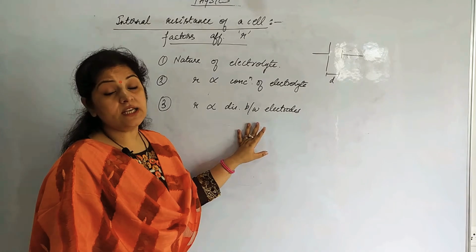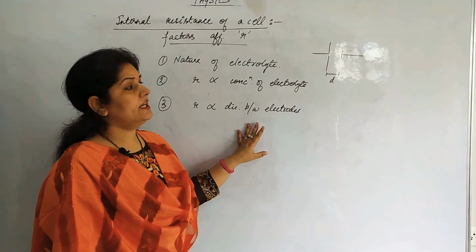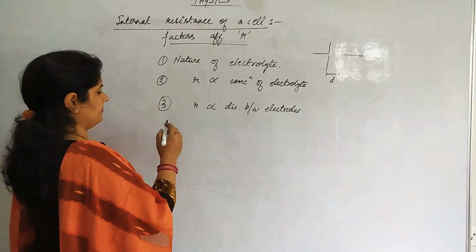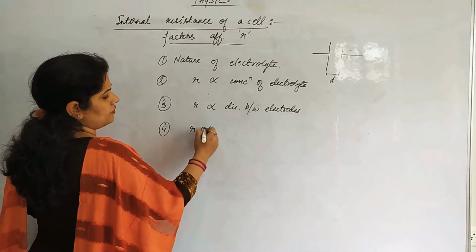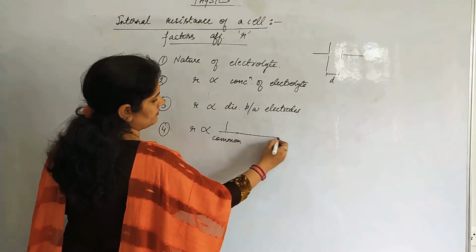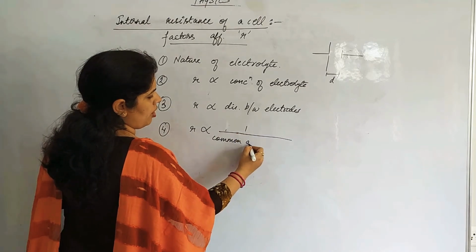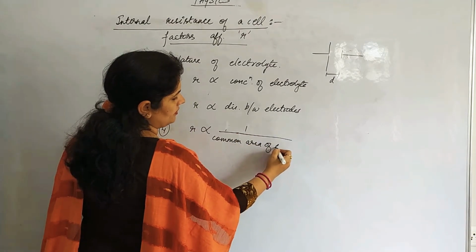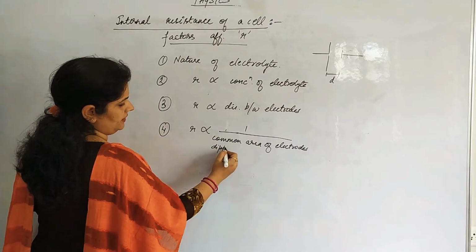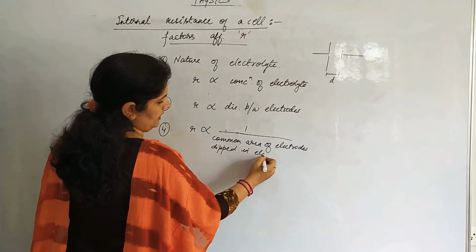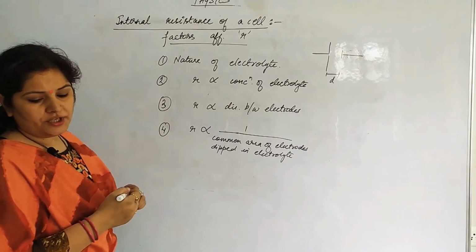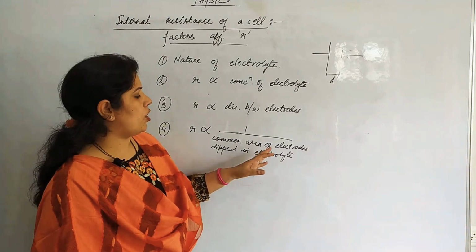Right? It varies inversely as the common area of electrodes dipped in the electrolyte. This point is very, very important, children. So it is inversely proportional to the common area of the electrode.